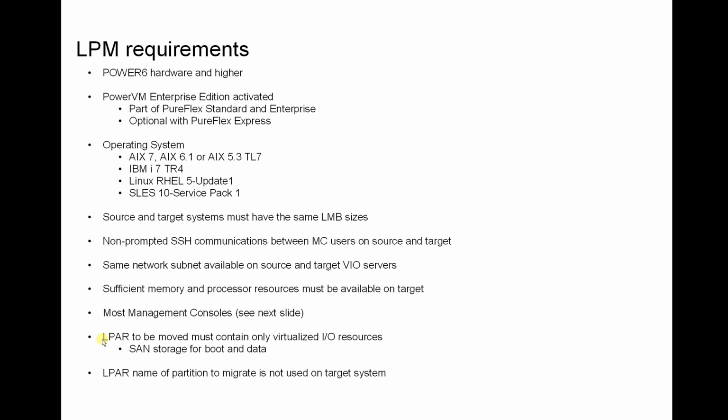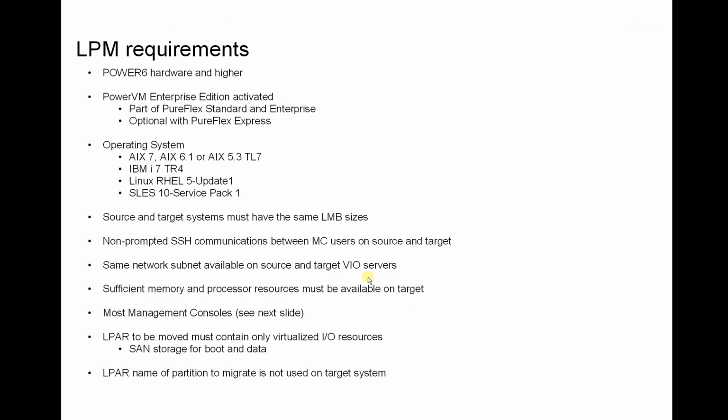Also, a more general statement, the LPAR must be only virtualized I/O, so that would include the storage as well, and that would dovetail off the common network settings between the VIOs to say that you have to have the common presentation of LUNs as well, and that's root VG and data VG.